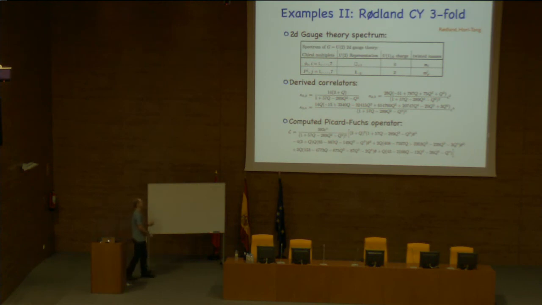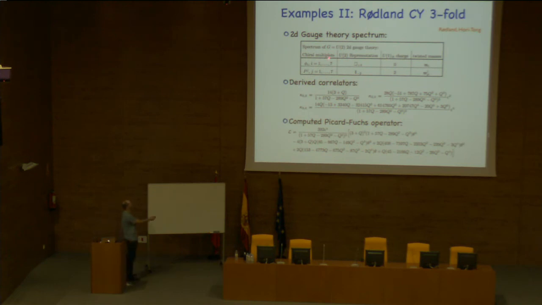I mean, this is the analog of the quintic for the toric cases in a sense, because it's one of the simplest. And this has been studied by Rødland, that's why it's known as the Rødland Calabi-Yau. Anyway, there's also a related spectrum, and at least one phase of it you can realize as a complete intersection in a Grassmannian 2-7 in this case.